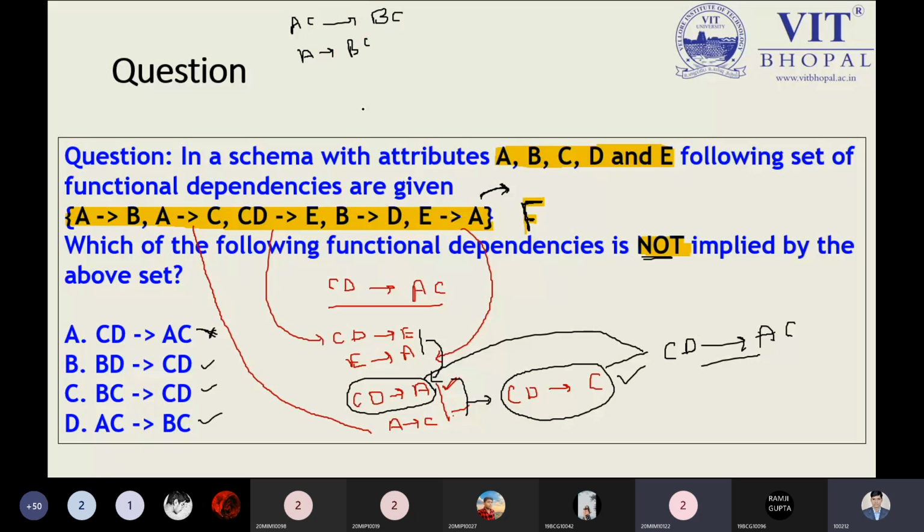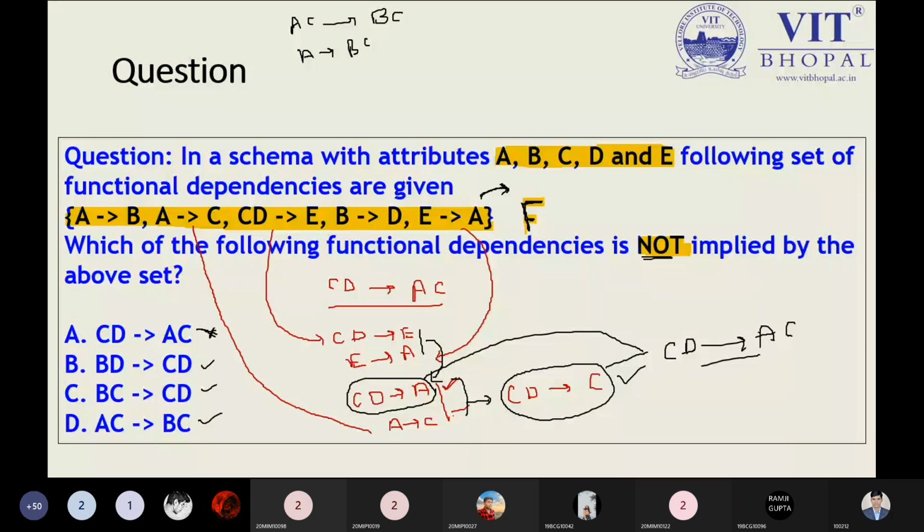And if we're talking about AC determinant to BC, A determinant to B is given and A determinant to C is given. Both of them we are getting.